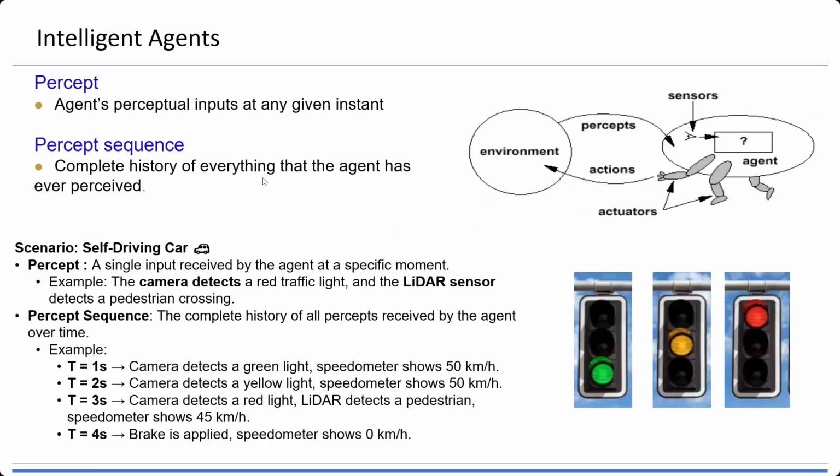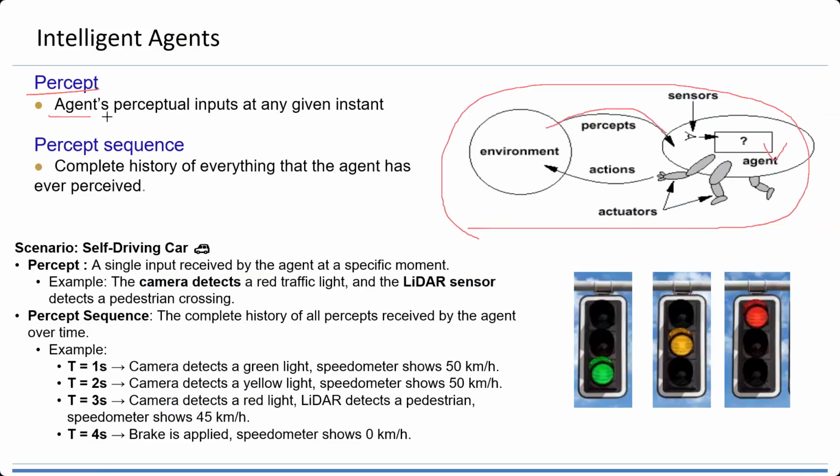Now, we need to understand what intelligent agents are. In the intelligent agents, we can see from this picture. The intelligent agent means we need to know what is the percept. What does it mean by percept? Percept means something that the agent can understand from the environment.